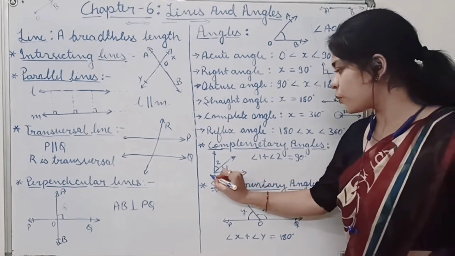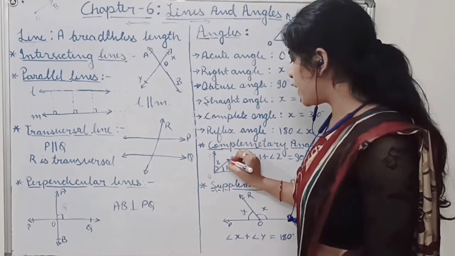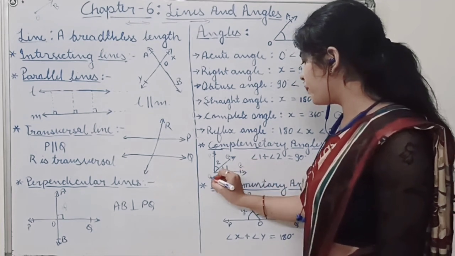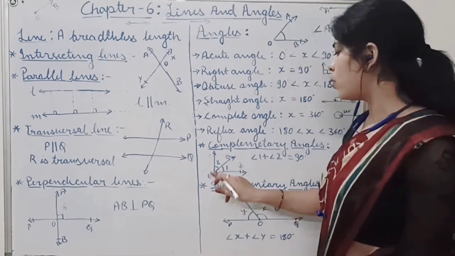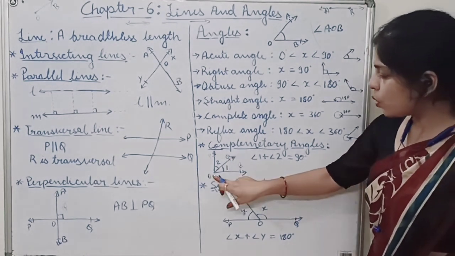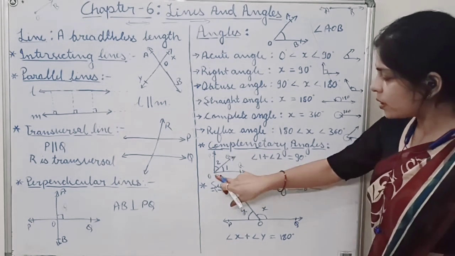First arm is, suppose this point is O, and this is P, this is Q, and this is R. Okay, O, P, Q, R. Angle 1 is QOR, and the two arms of angle 1 are OQ and OR.